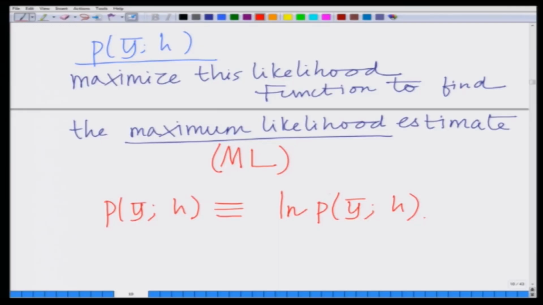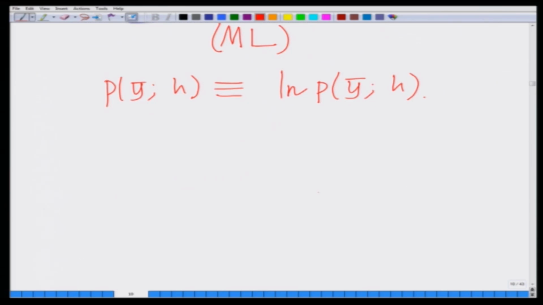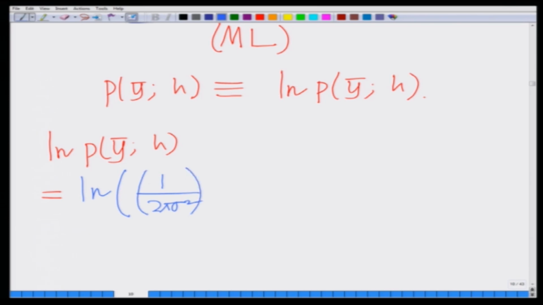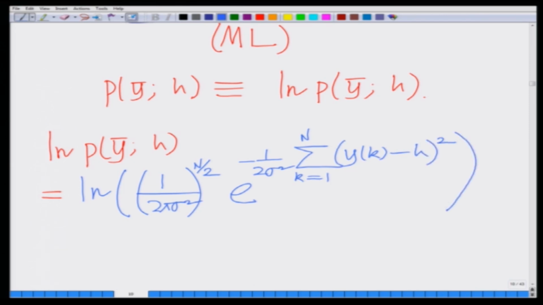Now, let us look at the logarithm of the joint density function. The logarithm of the likelihood function is the logarithm of 1 over 2 pi sigma square raised to the power of n over 2 e raised to minus 1 over 2 sigma square summation k equal to 1 to n of yk minus h whole square.